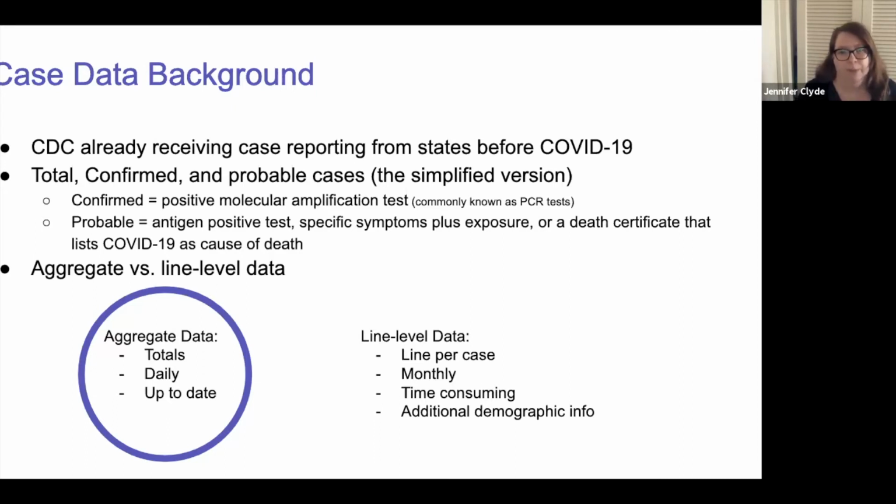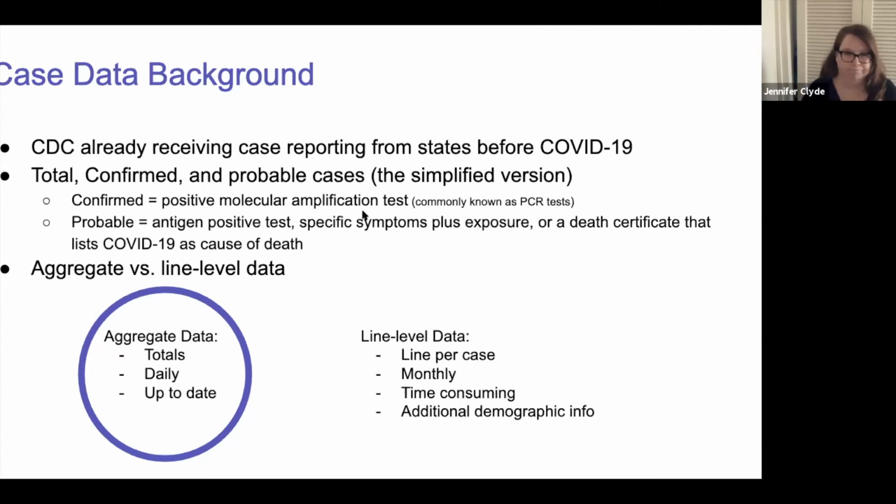Probable cases have a bit more of a complicated set of criteria, but simplified, it's the person who either has a positive antigen test, has specific symptoms and known exposure to COVID-19, or a death certificate that lists COVID-19 as a cause of death.